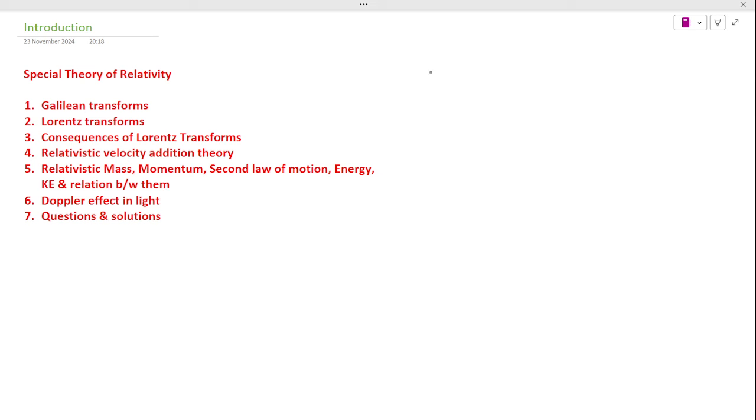So basically in classical mechanics, in IIT JAM, the number of questions here is 8 to 9. JEST, the number of questions in this topic classical mechanics is 9, and 1 or 2 questions from this STR topic.